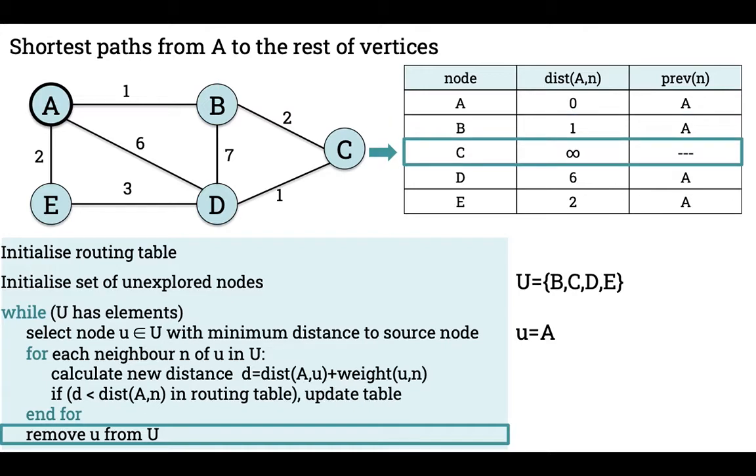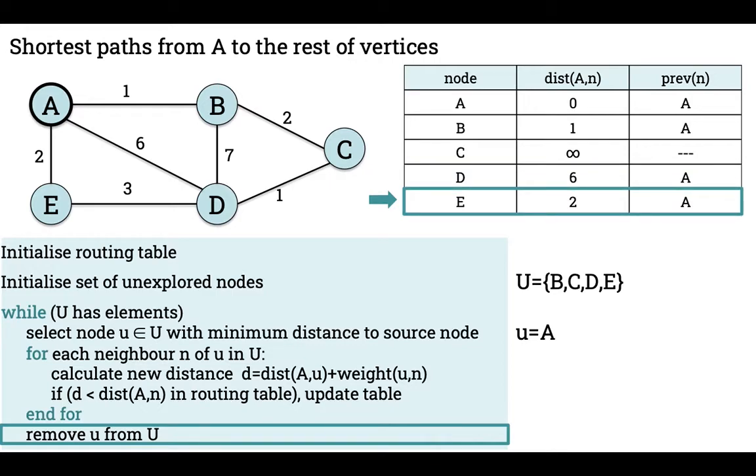The information in the third row means that the distance from the source node A to node C is, with the information collected so far, equal to infinite. That means that at this stage of the algorithm, we haven't found yet a route from A to C. The information in the fourth row means that the distance from the source node A to node D is, with the information collected so far, equal to 6, and the previous node along that route is node A. That means there is a direct link between A and D whose weight is equal to 6.